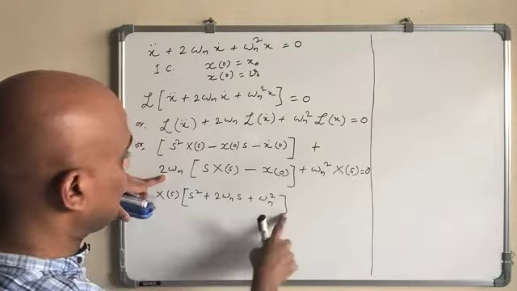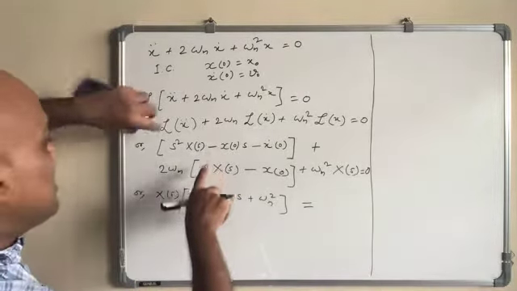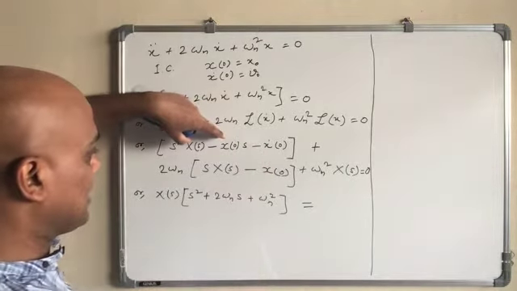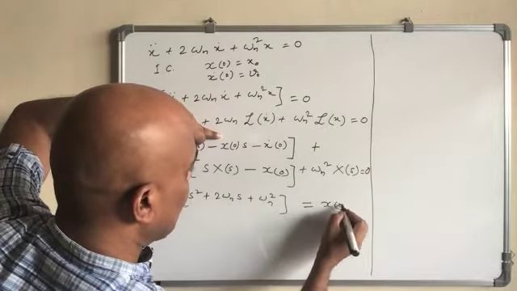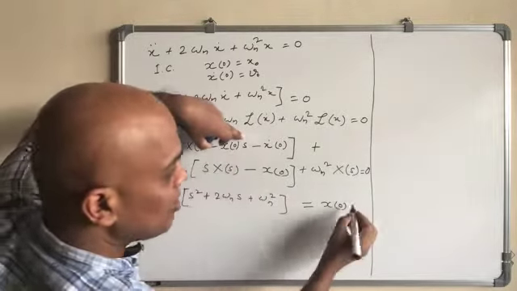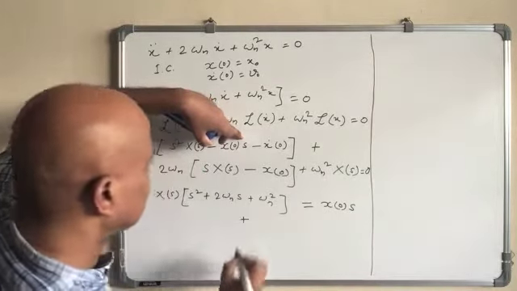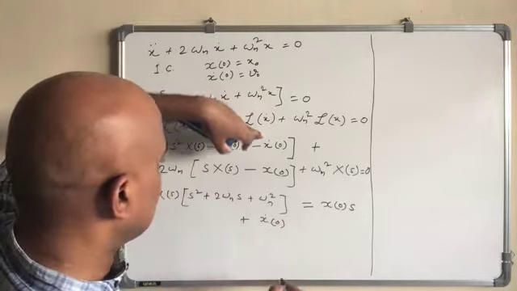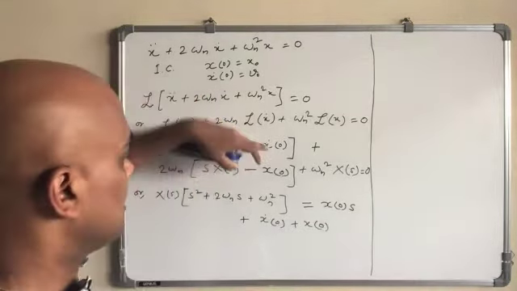The other side has all negative terms, so we get x at t equal to 0 multiplied by s, plus x dot 0, plus x at 0 multiplied by 2 omega n.